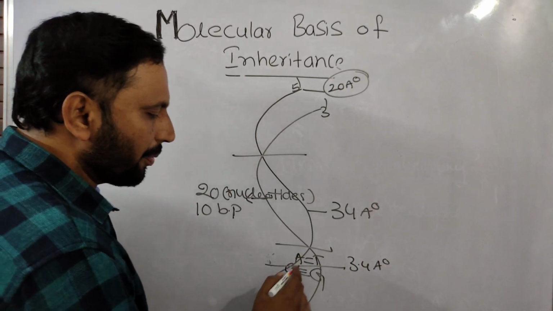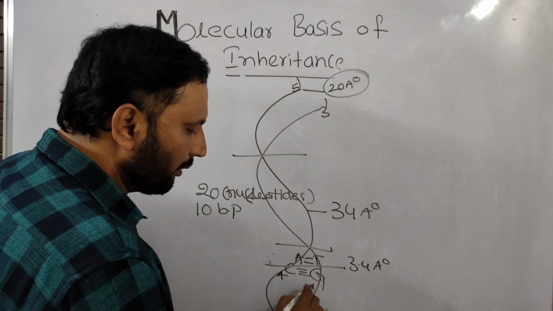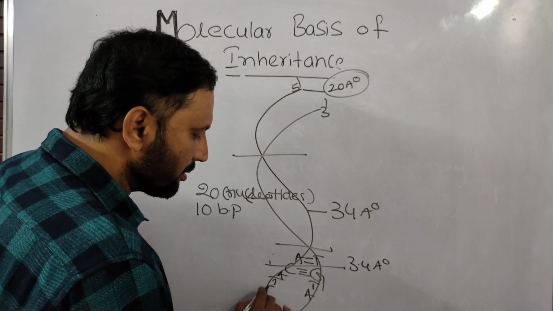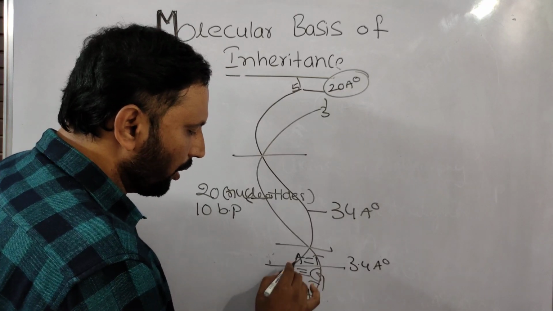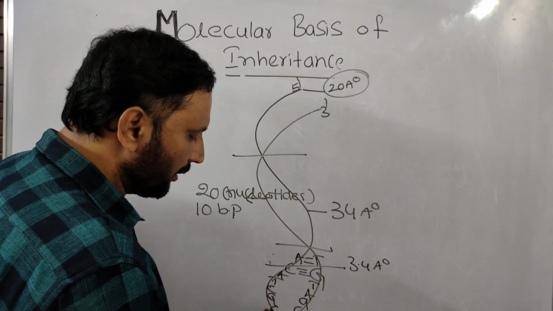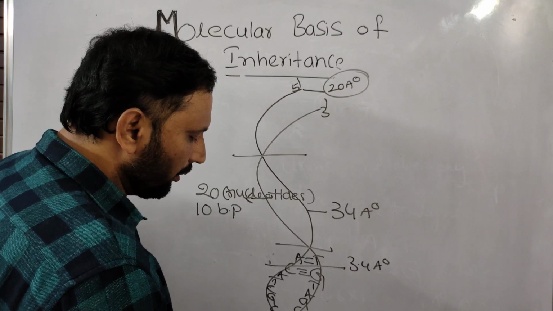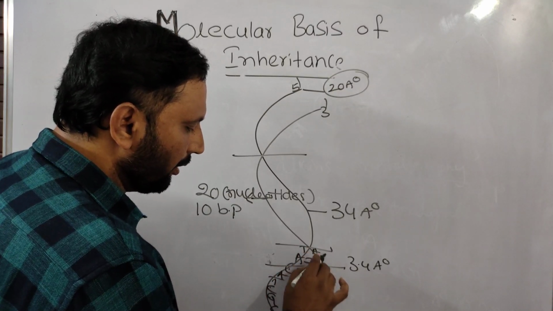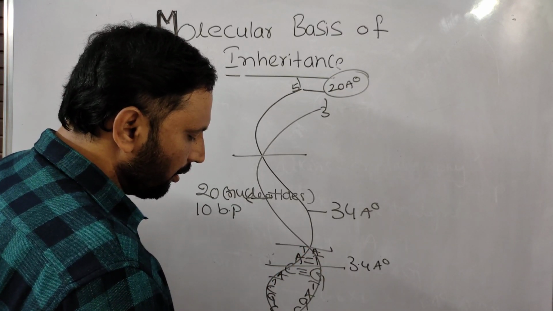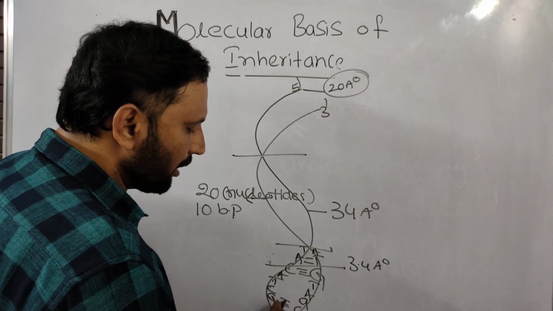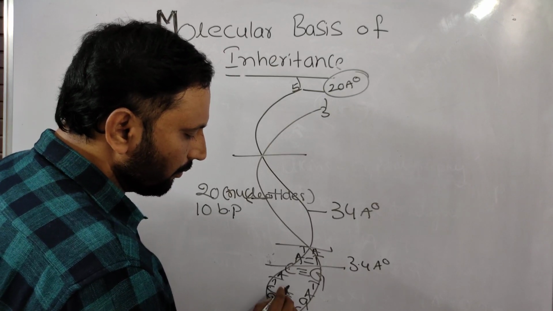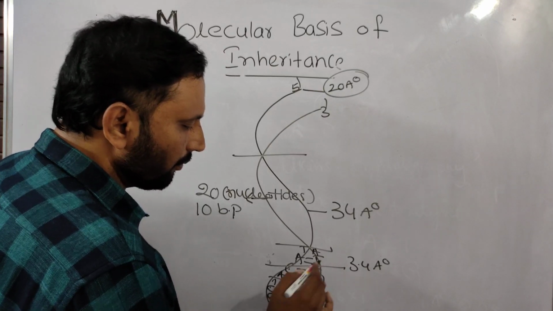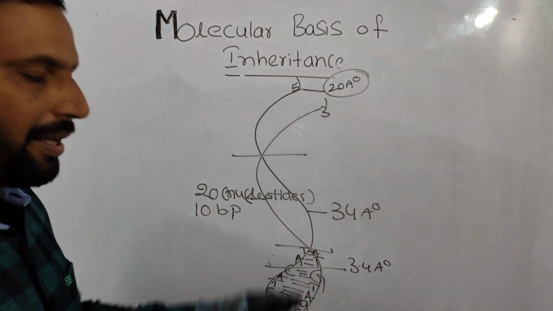Like that, how many pairs are present? Adenine, thymine, thymine, adenine, cytosine, guanine, guanine, cytosine, and so on. 10 pairs are present.